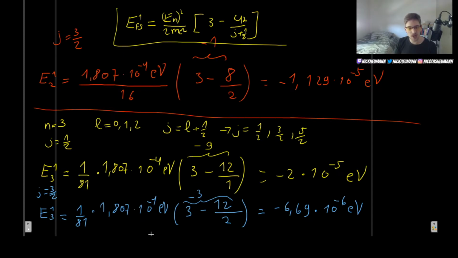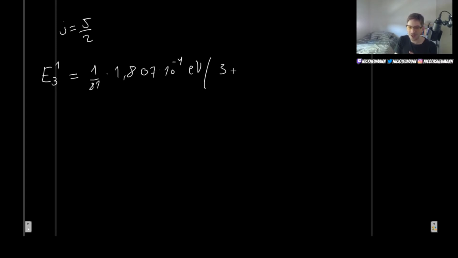All right, so there is one more correction that we need to do, and that is the correction for j equals 5/2. So in this case, our correction, for n equals 3, the first order correction, is going to be 1 over 81 times 1.807 times 10 to the minus 4 eV, 3 minus 12, and now comes the change.